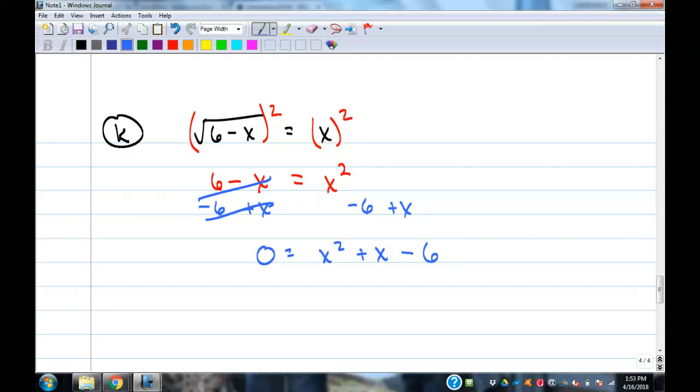Okay? So, for this one, if I'm going to solve by factoring, I do the x. 1 times negative 6 is negative 6. There's a 1 in front of the x in the middle, so that's a 1 on the bottom. We need something that multiplies to be negative 6 and adds to be positive 1.